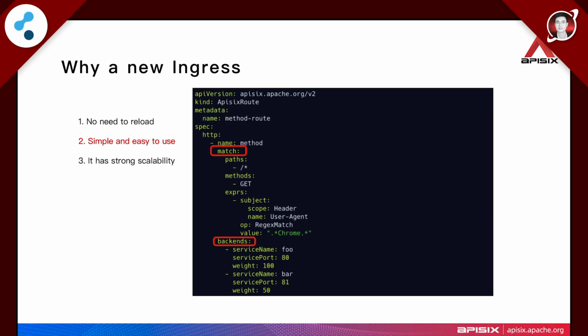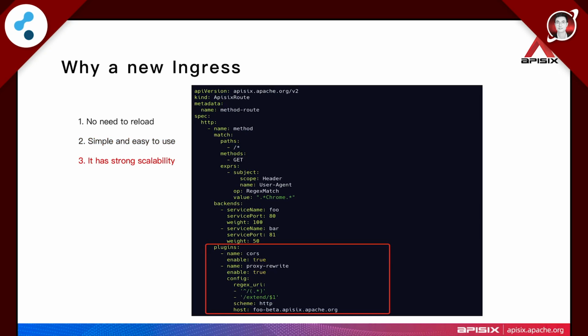This example shows that an API is assigned to different upstreams according to weights, of course, when certain conditions are met. Here we can see that the complex traffic split configuration is divided into two parts, match and backend. The match part defines the route matching rules, and the backend part defines the weight between upstreams. The whole configuration is very easy to read.